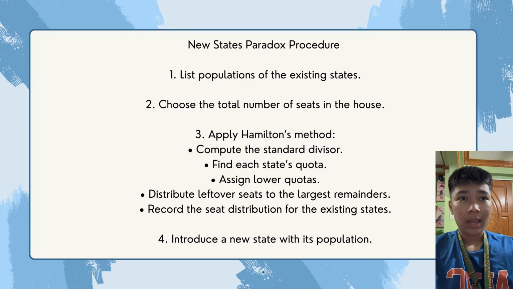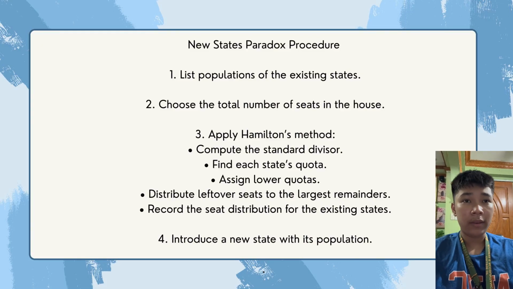Step 3: apply Hamilton's method. Compute the standard divisor, find each state's quota, assign lower quotas, distribute leftover seats to the largest remainders, and record the seat distribution for the existing states.